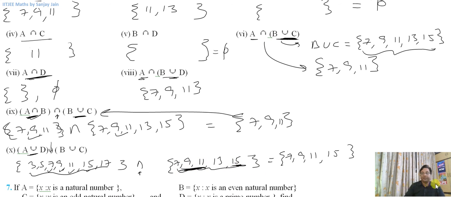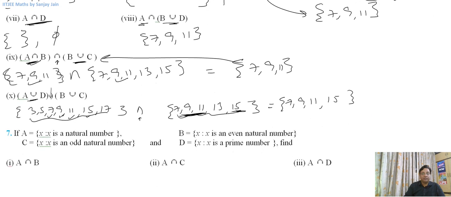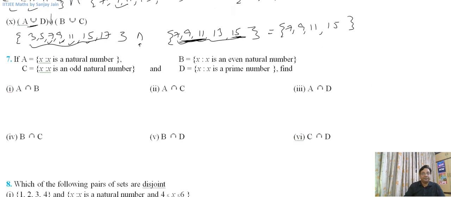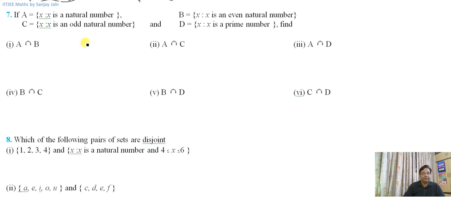Alright, so let us look at the 7th question here. A intersection B. Let me do this question very quickly. Here x is a natural number, here it is an even natural number. So what will be common? Even natural number. So I can write A intersection B is B itself, right?